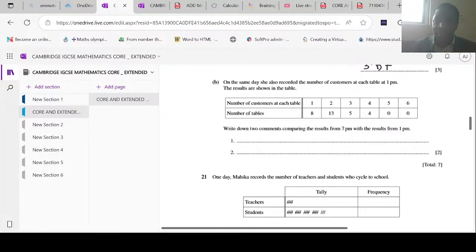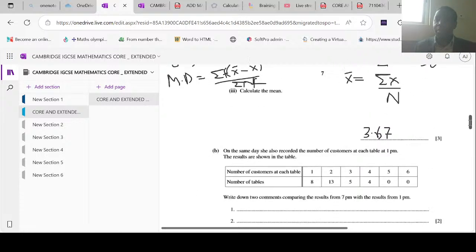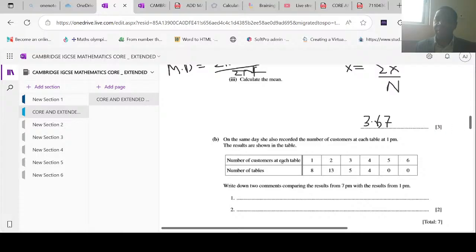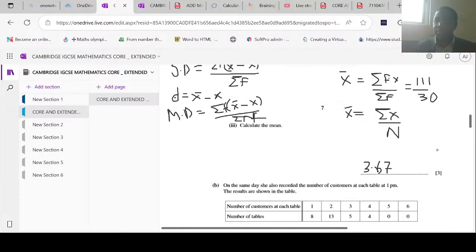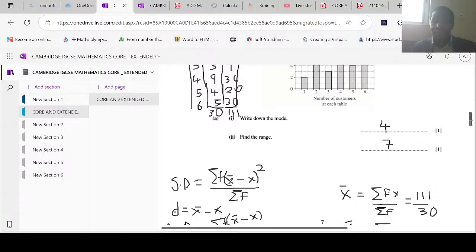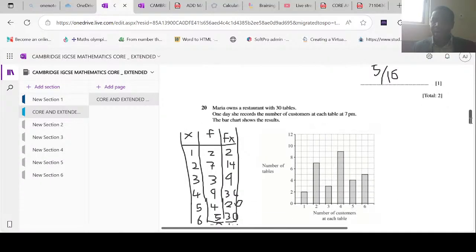On the same day, she also recorded the number of customers. So is this number of customers referring to the score or the frequency? It's a follow-up question from what we did in the previous one. Okay, I think the bar chart makes things clear for us.